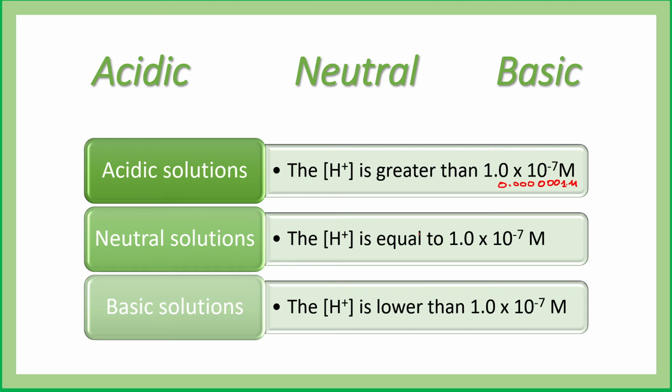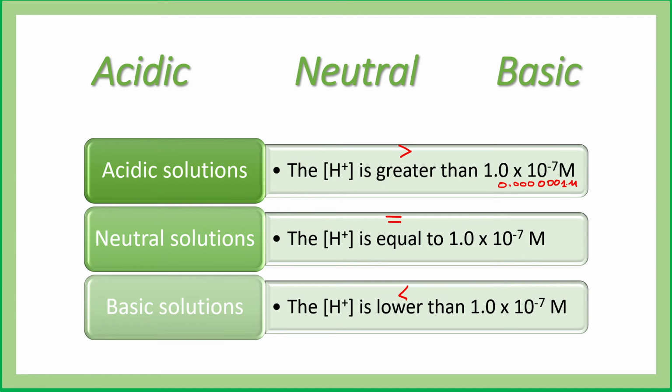If it's equal to that number, if the hydrogen ion concentration is equal to 1.0 times 10 to the minus 7, it will be a neutral solution. And finally, if the hydrogen ion concentration is lower than 1.0 times 10 to the minus 7, it will be a basic solution. If it's greater, acidic solution. If it's equal, neutral solution. And if it's lower, it will be a basic solution.